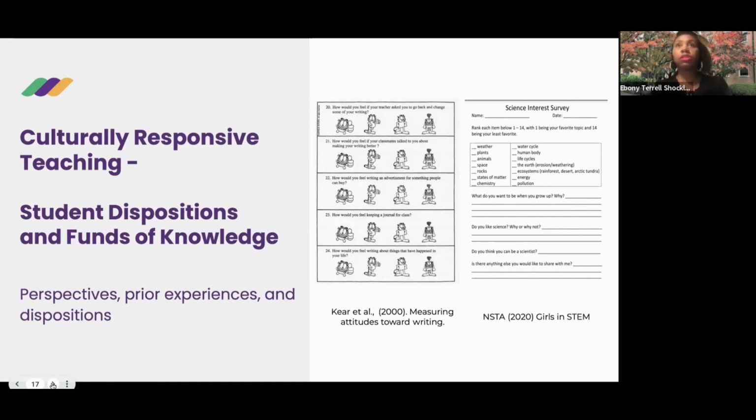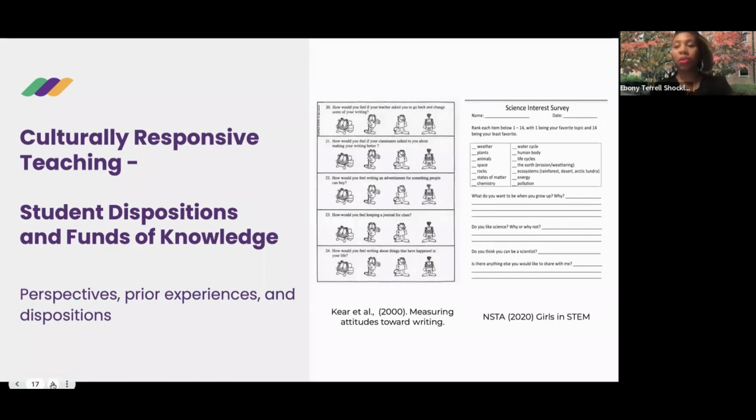So understanding students' dispositions is important no matter the content area, but we know that reading, writing, speaking, listening, those domains of language, that literacy carries over into science. And so we have here a way for educators to capture the habits of mind, the dispositions of students, to build those bridges and create culturally responsive spaces.